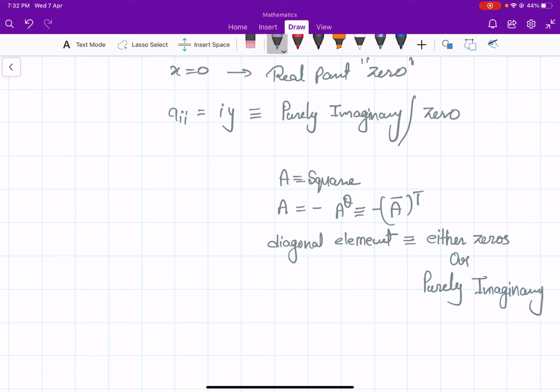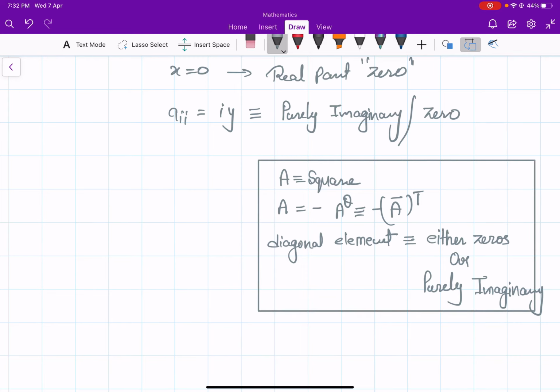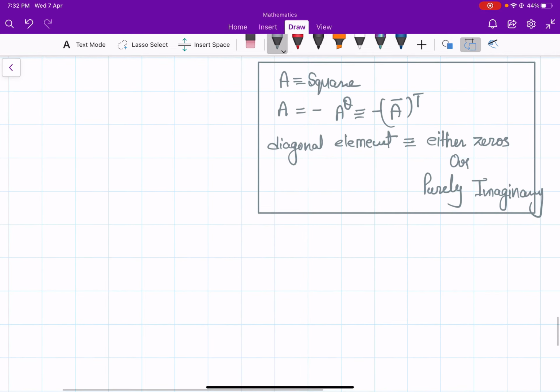So this is the condition for a matrix to be skew Hermitian.